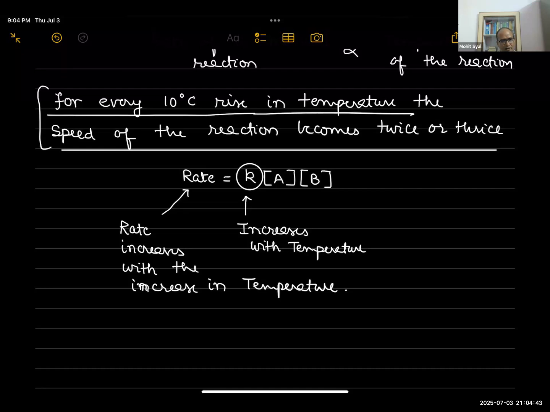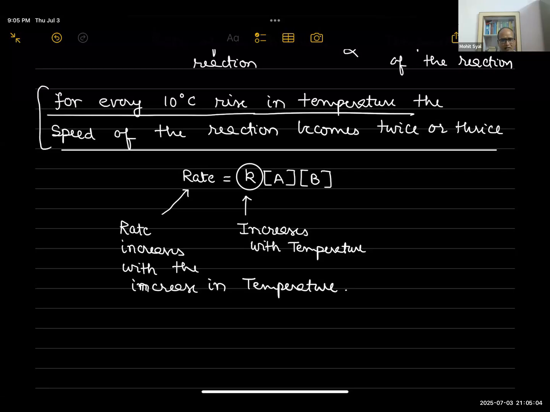The K increases, the rate also increases. For every 10 degree rise in temperature, the K becomes twice and the rate also becomes 2 to 3 times. I hope this is clear to all of you. Any doubts in this?